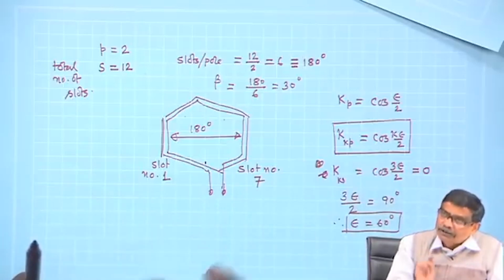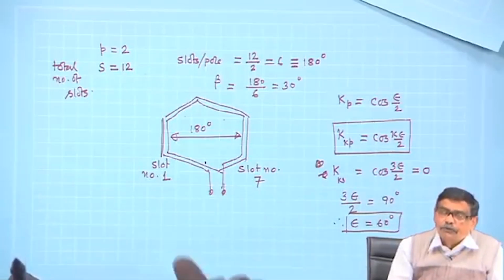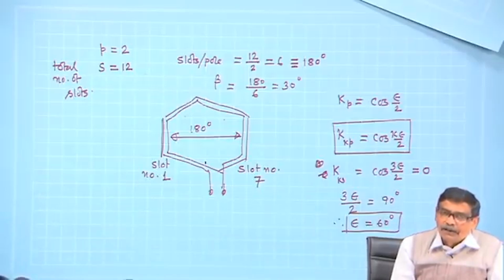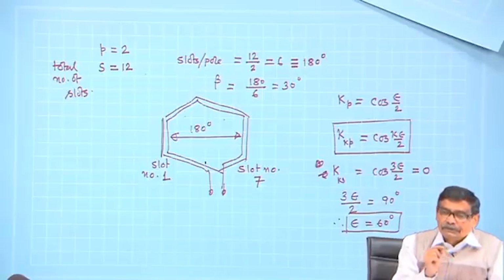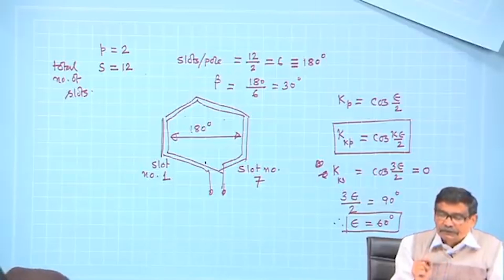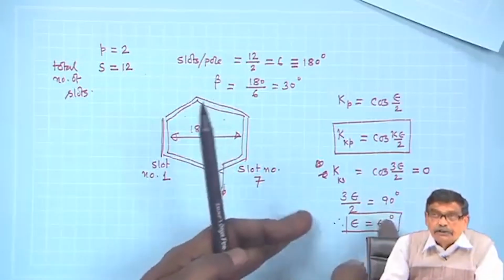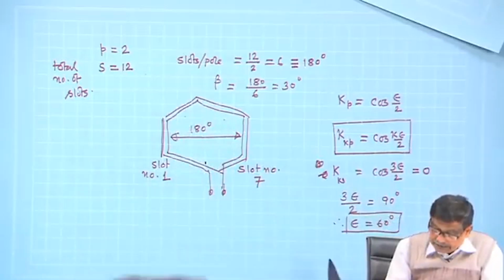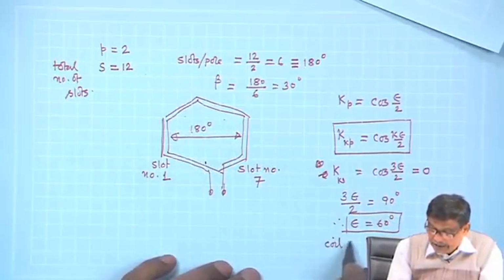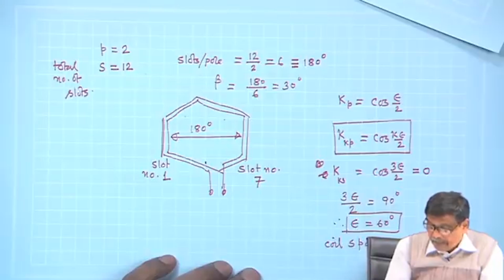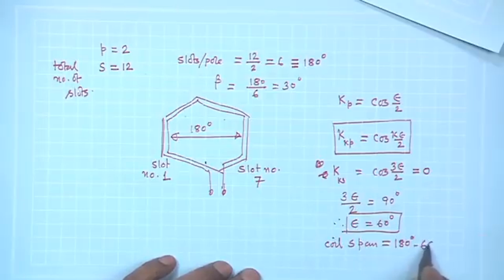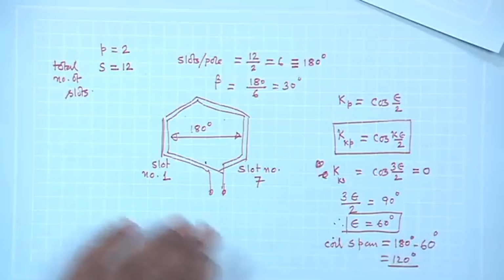In other words, what does that mean? Why will no voltage come? Because of the third harmonic poles for this arrangement of the conductors, if you do like this coil span. So, coil span, make it 180 minus 60, and that is 120 degree, not 180 degree.